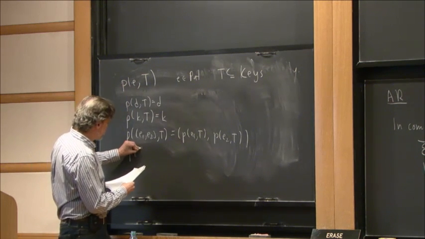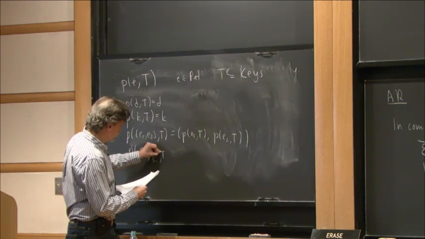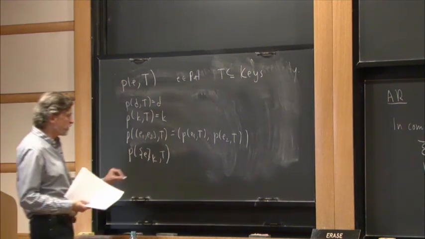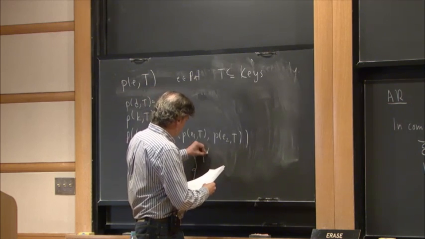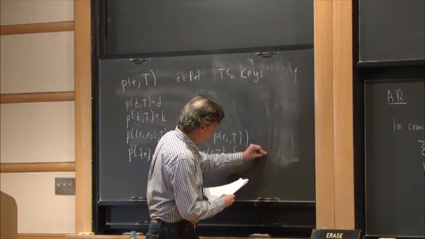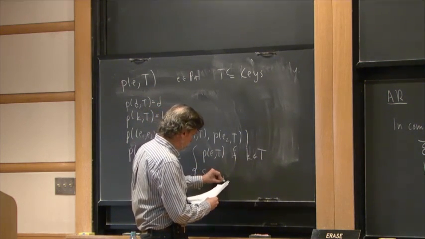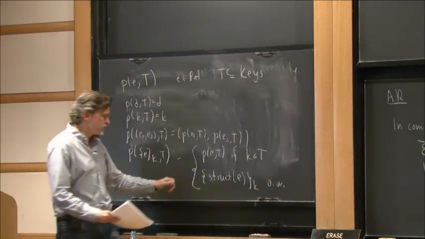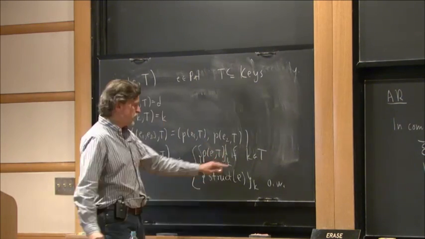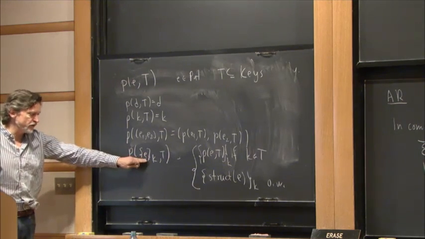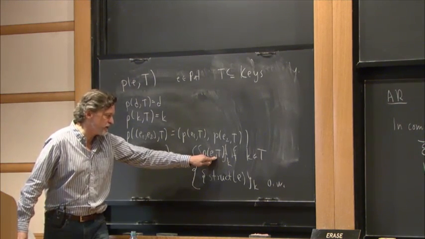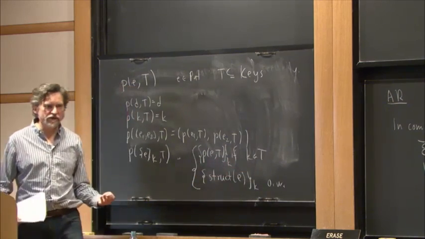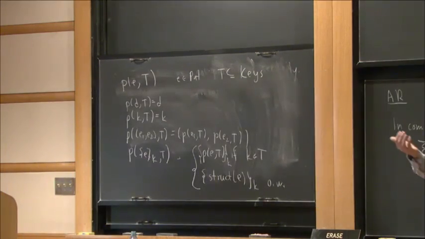And then the interesting case is when we have an encryption. All right, so now the issue is whether or not the key K appears in the set T. If K appears in T, then what we're going to do is just recursively go inside the encryption and take the pattern of what's in there with respect to T. Now, on the other hand, if K does not appear in T, now we're in the situation where we're erasing what's inside of the encryption.